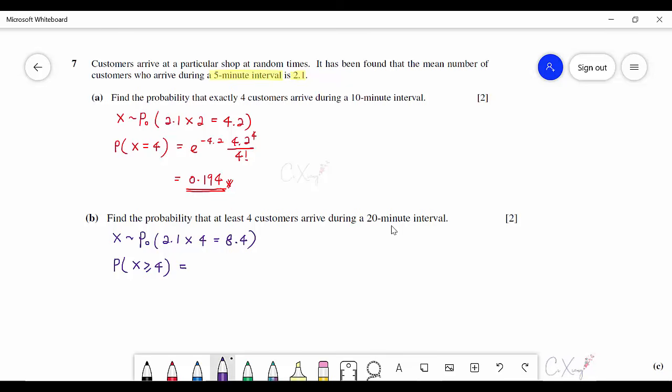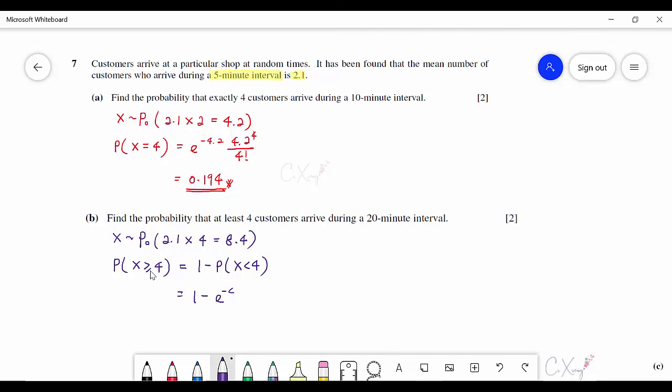For the Poisson distribution, the value of x can go up to infinity, any positive integer. So when you have a question like x greater than or equal to 4, you have to take 1 minus the probability of x smaller than 4, which means x from 0 to 3.